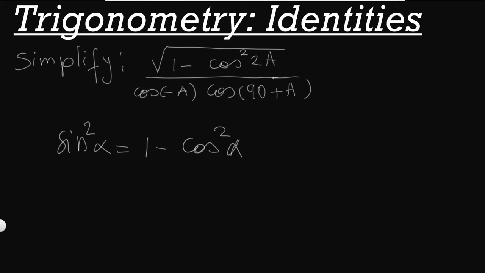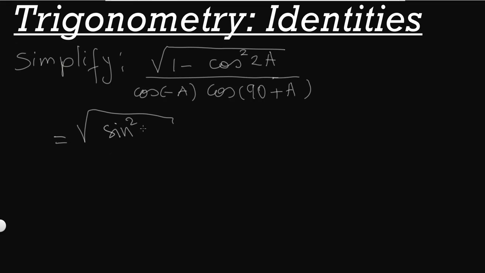So you change it by square root, and then you change this to sine squared 2A all over. Now, when you have the negative angle of a cos, because cos is an even function, you cancel the minus.